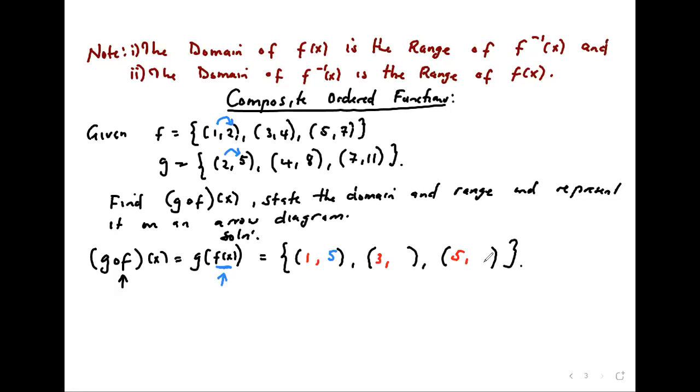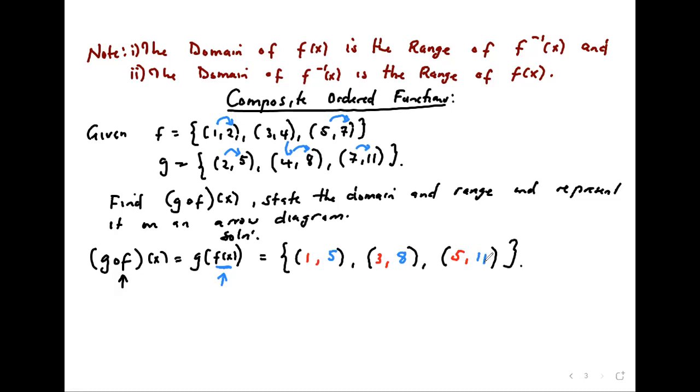When you go down, where does 4 go? In g, it goes to 8. So 4 to 8, meaning 3 will go to 8 in the whole composite. 3 to 7, 7 to 11. Like that. So this is our composite.